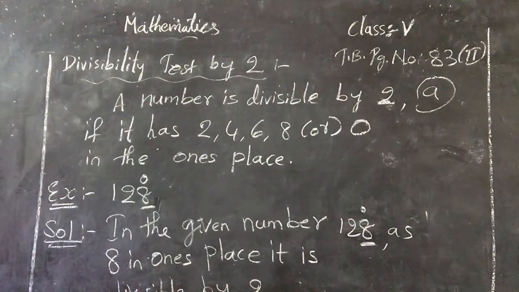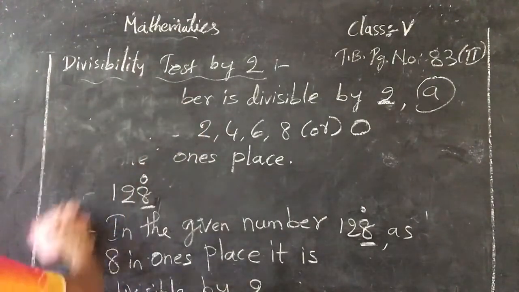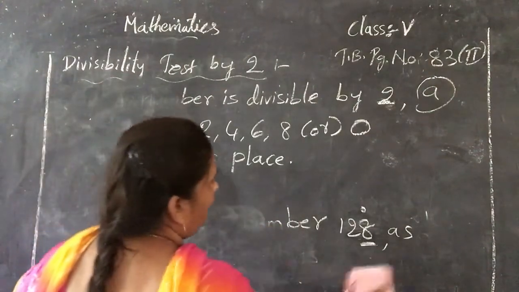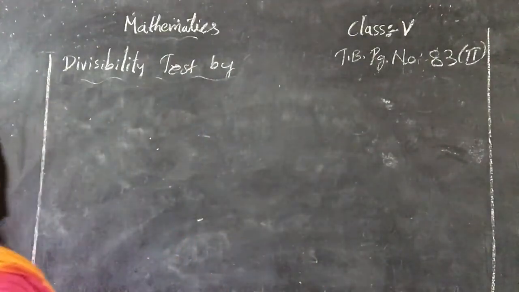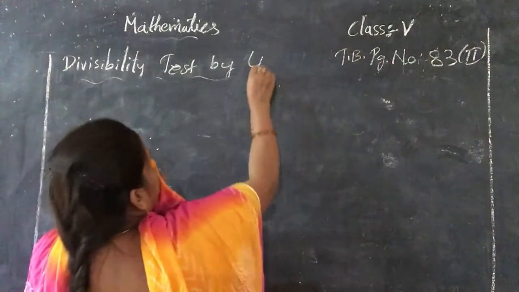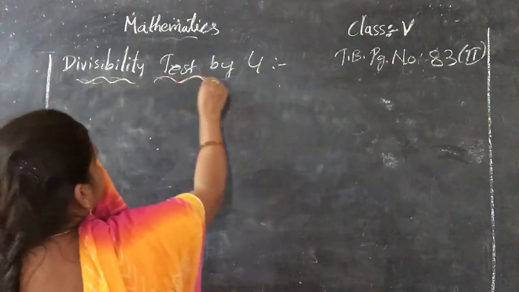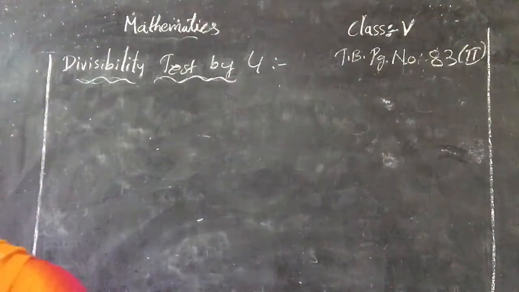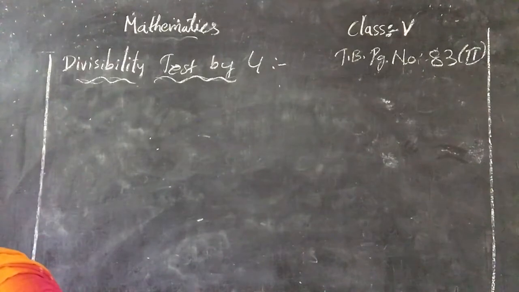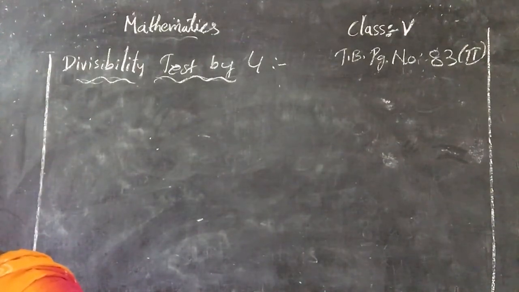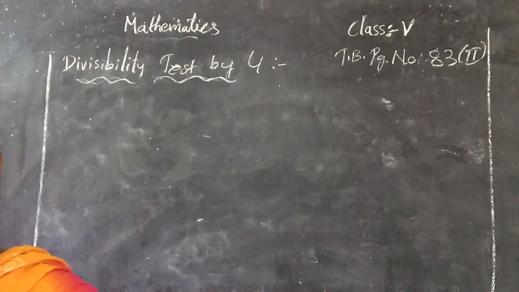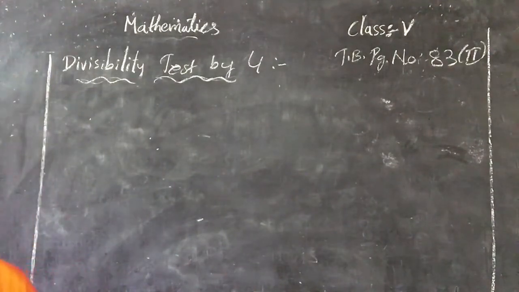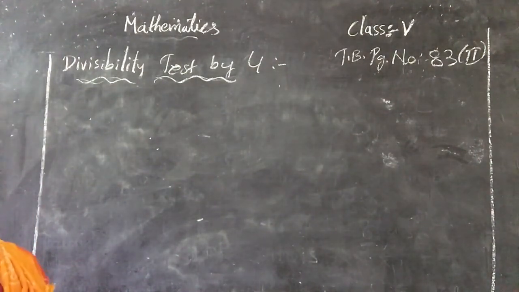Copy it neatly. Next, write the next heading, divisibility test by 4. Divisibility test by 4. Write down.